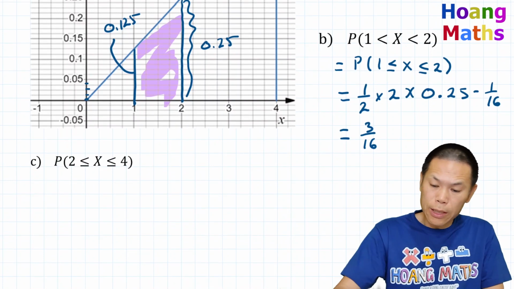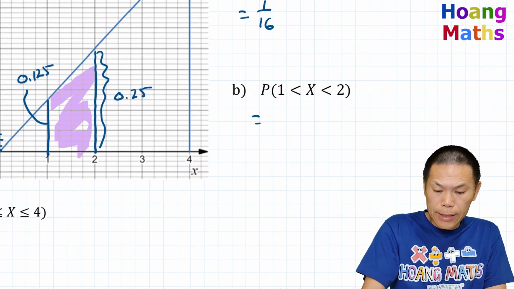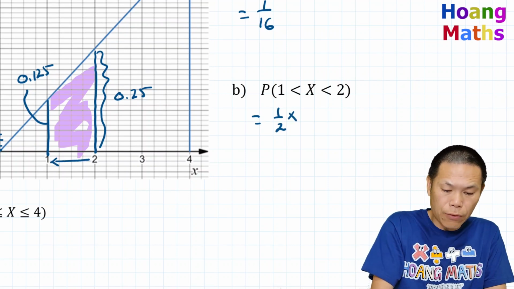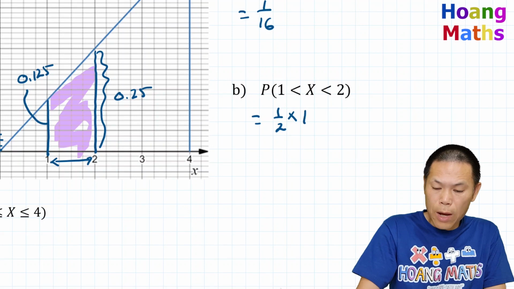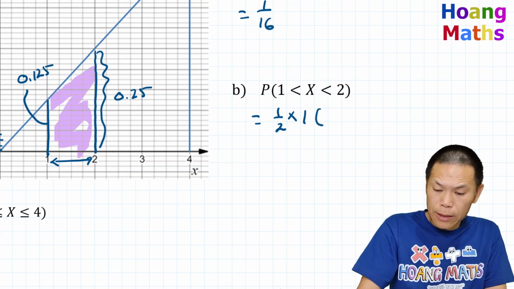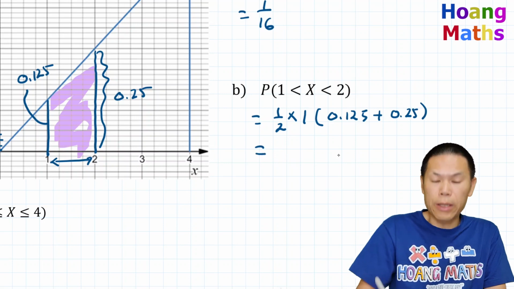So now we just work out the area of the trapezium. Let me just clear this. The area of this trapezium is a half of h, where h is the perpendicular height, from here to here. So that is 1, and with brackets, a plus b. So a is 0.125, we add 0.25. That should give me the answer as well.